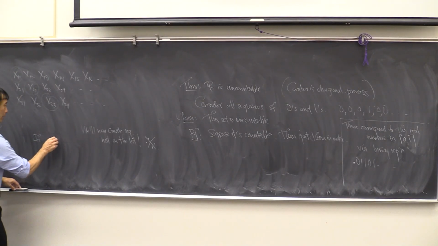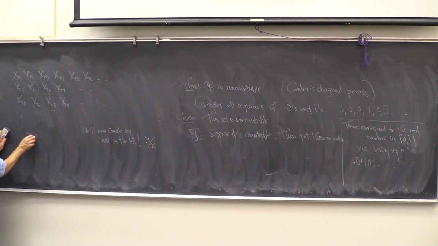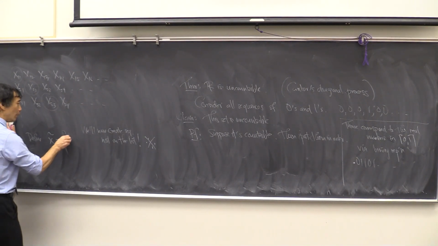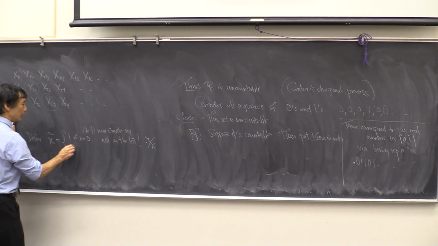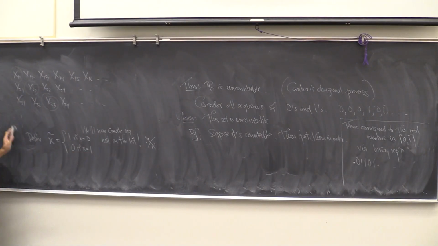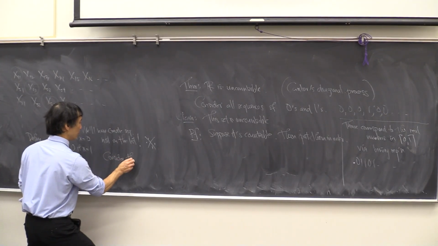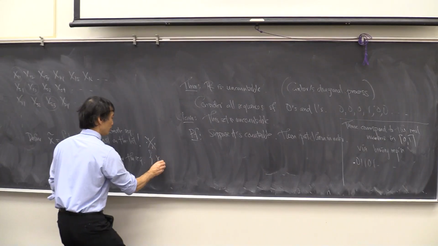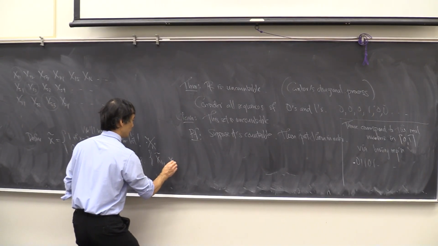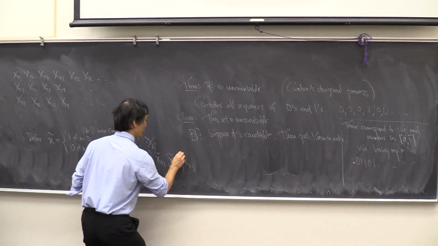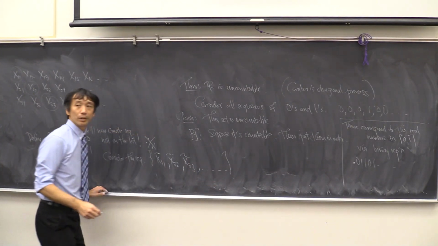Define twiddle of a number x to be 1 if x is 0, and 0 if x is 1. So it just flips the number. Now consider the sequence x11 twiddle, x22 twiddle, x33 twiddle, and so on forever.